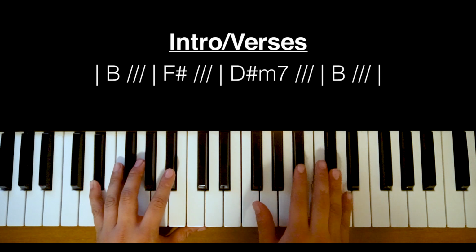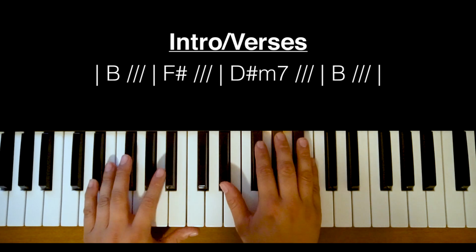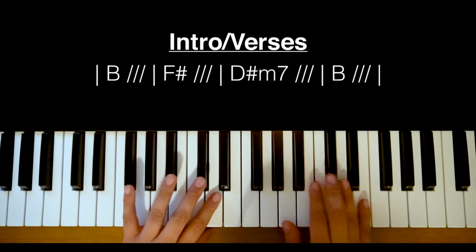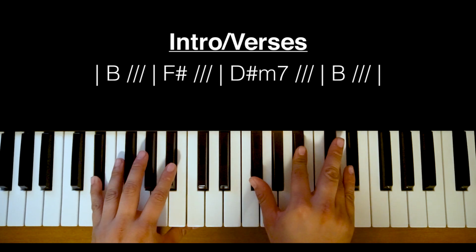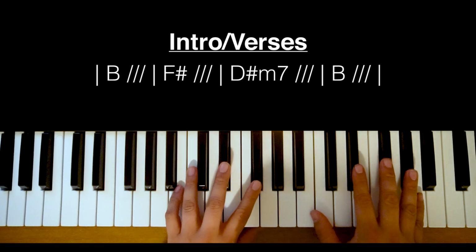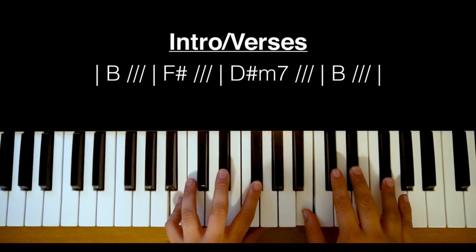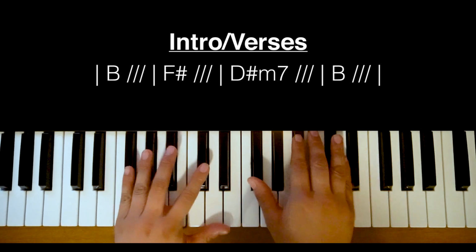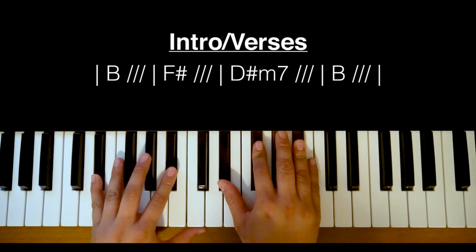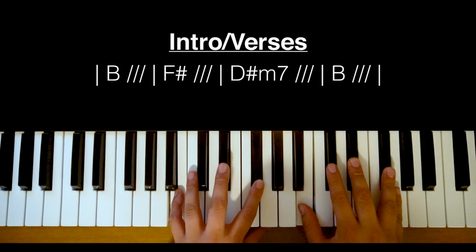You guys know me, I like to add my flat 7s in there, so that makes it D sharp, F sharp, A sharp, C sharp. And on the 4th measure it goes back to B. So when you repeat it, you sustain that B again, going back to the first measure, and you repeat F sharp, D sharp minor, and then B.